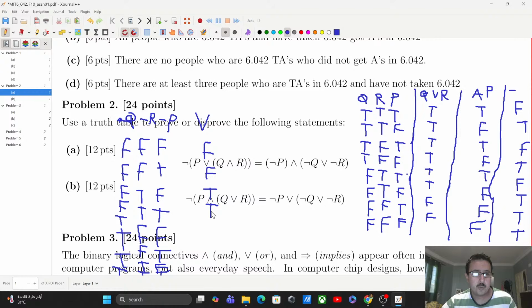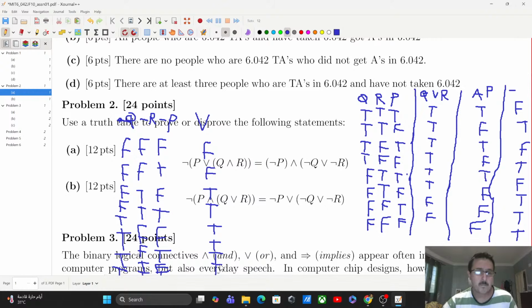Where are we? True, true, true, true, true. And then I get also true, true.